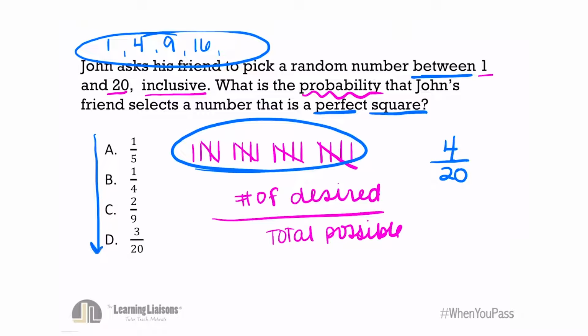But you'll notice that that's not an answer choice. So we must simplify. If I can divide them both by the same thing, then that's how we simplify. So I can divide them both by 4, and I get 1 out of 5. So the probability that John's friend selects a number that is a perfect square is 1 out of 5.